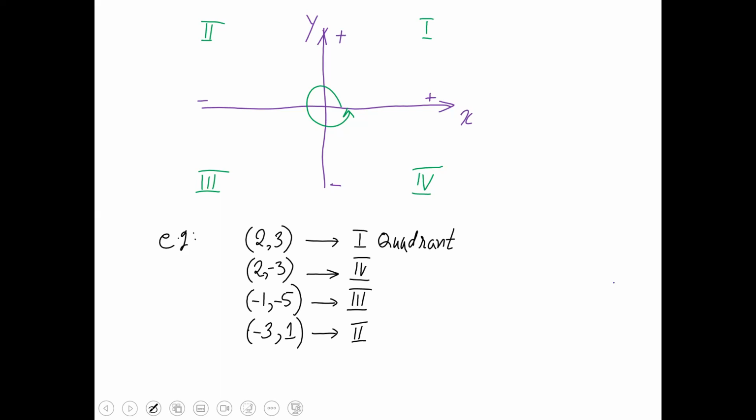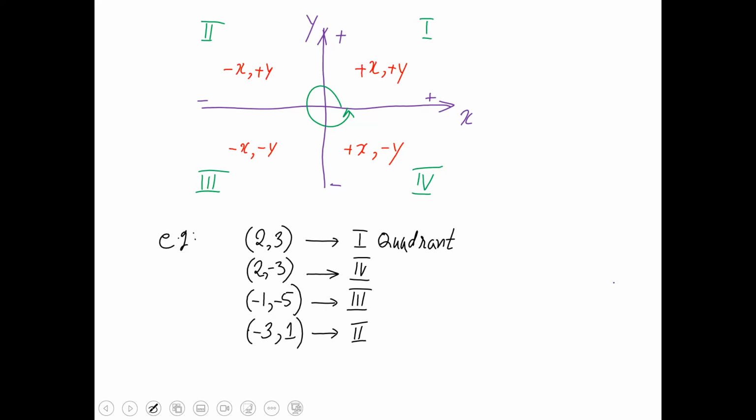(-1, -5) will go in the third quadrant. Why? Because both x and y are negative. And (-3, 1) will go to the second quadrant. So according to the x and y plus and minus, we can decide in which position they will go.